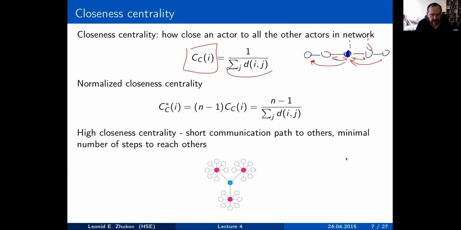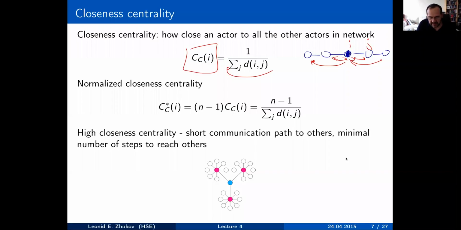Okay, a couple of things to point out here. First of all, for this formula to make sense, we need to have a connected graph. We need to make sure we can calculate distances from every node to any other node.